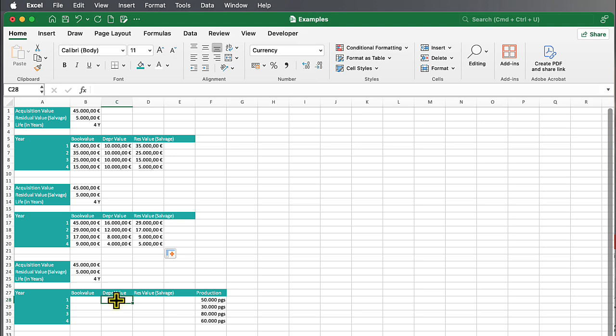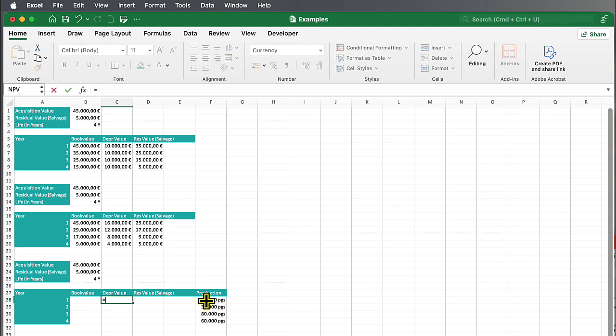For example, we know we will use this printer for 4 years and we forecast 5,000 pages in the first year, 30,000 pages in the second year, and so on and so on. Then we have always a ratio of these 50,000 to the total, and this one is then taken into account as a depreciation value. This is not supported by Excel. However, you can do it by hand.